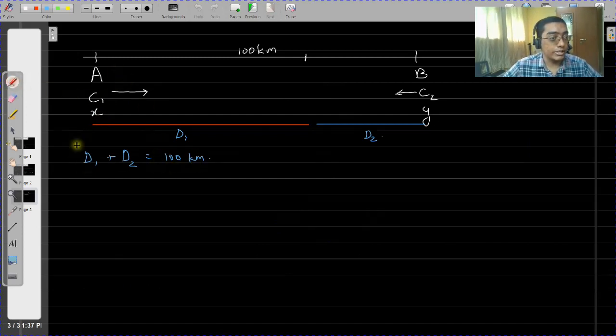Now D1 is 1 hour into x kilometers per hour. Or you can write just 1x, or you can even write x. So D1 equals x, plus D2 equals 1 hour into y kilometers per hour.